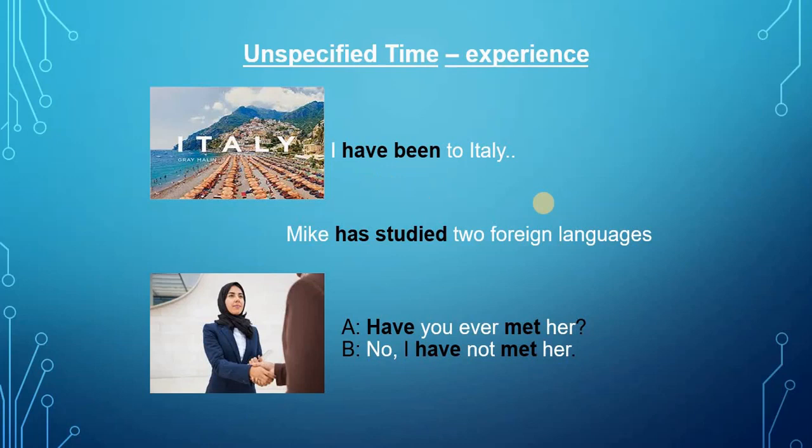Maybe you have been there once or several times. Mike has studied 2 foreign languages. Have you ever met her? No, I have not met her. So these 3 examples use the present perfect to describe experience they or we have acquired in the past.